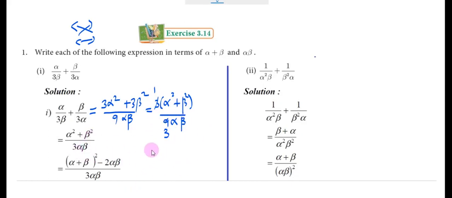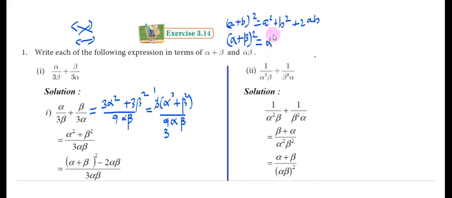We know the formula, a plus b the whole square equal to a square plus b square plus 2ab. Then what about alpha plus beta the whole square? a equal to alpha, b equal to beta.